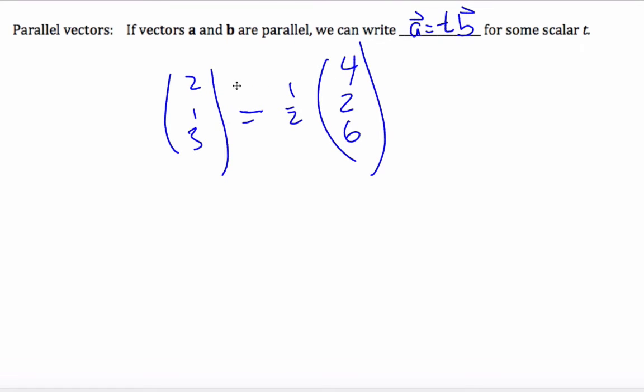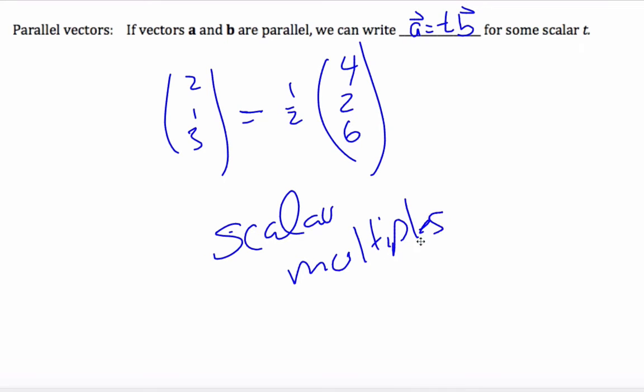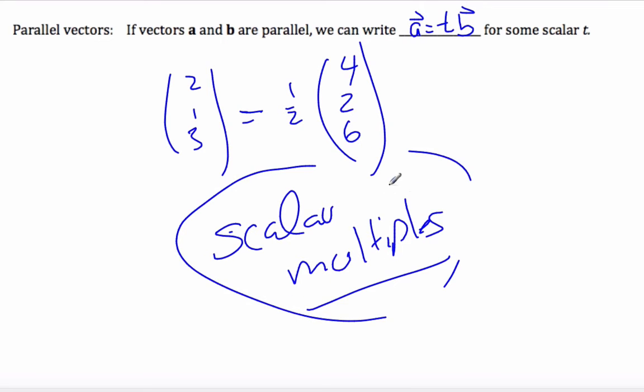They're not the same magnitude, but if they are parallel, they are called scalar multiples of each other. Scalar multiples, that's a good phrase to know. And this is going to be true if they are parallel.